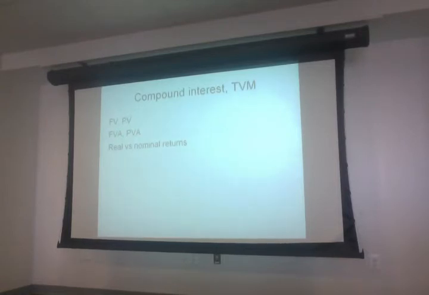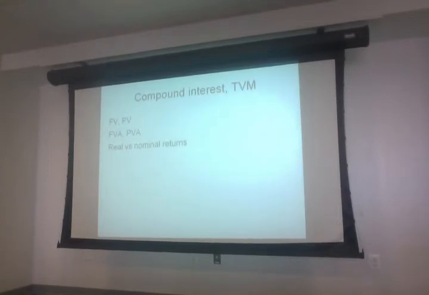So let's expand the parentheses here. What do we have? We have 1 plus R plus I plus R times I. And we can cancel out the 1 here too. So what this shows us is that the nominal rate is the real rate plus the inflation rate plus I times R. Now as it happens, if inflation rate is relatively small and the real rate is also relatively small, then I times R is really, really small.